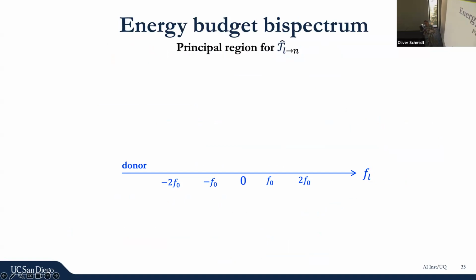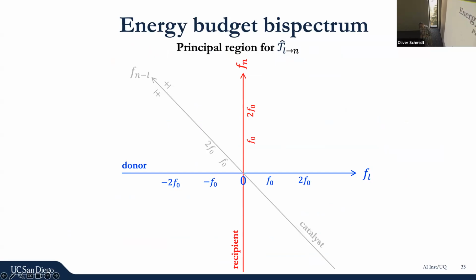Again, we can plot this with the donor axis. Again, I'm just pretending there's a fundamental and twice the fundamental, simple dynamics. We can plot this over the recipient frequency. We can read the catalyst frequency off this diagonal. We can read linear advection, where the catalyst is 0, transport by the mean.